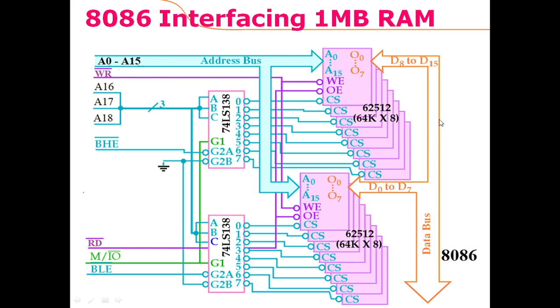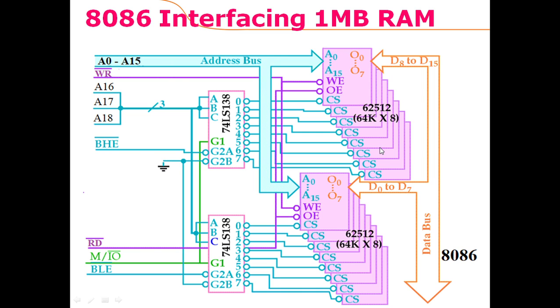This is 1 megabyte RAM: the 8086 microprocessor with 1 megabyte of random access memory connected to it. In this example, there are 64 kilobyte chips. The 64K x 8 memory chip is the 62512, and this is the chip ID. So each chip here is 64 kilobytes.